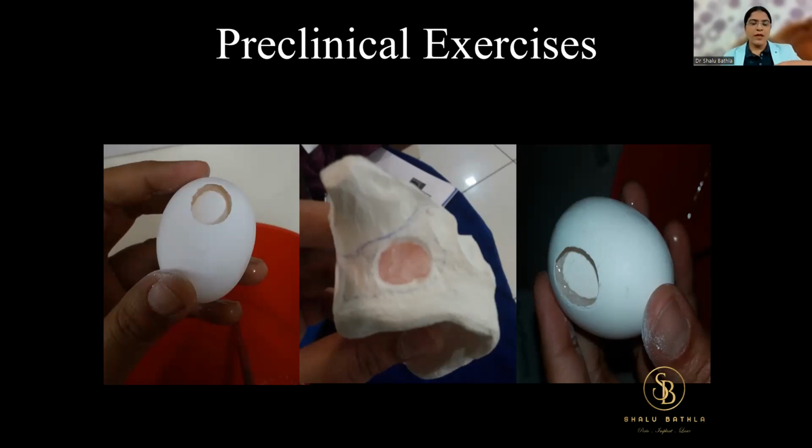You make a round cut and put a circle inside the shell, and then you try to raise the membrane which is beneath the shell. This is how you can practice the sinus augmentation procedure preclinically. Or you can use models also. Nowadays models are available. We used to take an egg, and then raise the membrane without rupturing the egg yolk and the egg albumin. So this is how you go for preclinical exercises before the sinus lift.